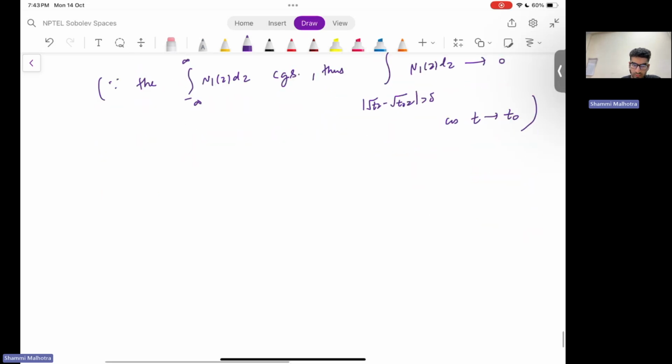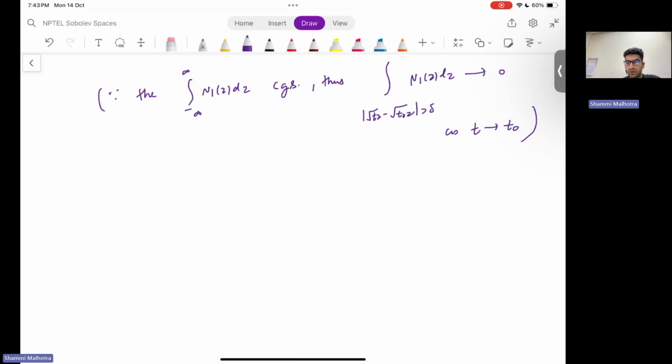Once that is there, the second term also goes to 0, and this will imply that both terms go to 0. This actually implies that T_t x converges to T_t naught x.